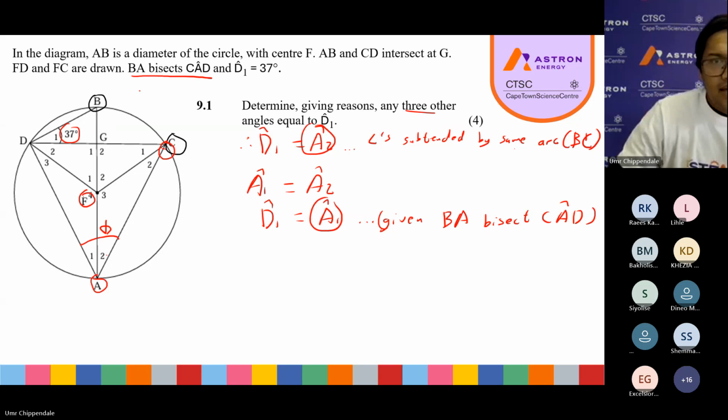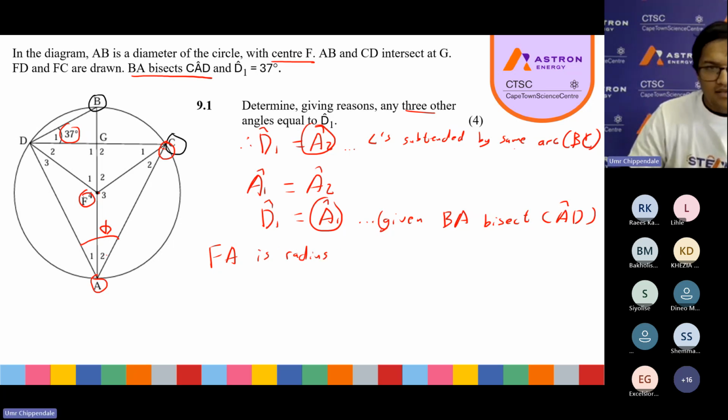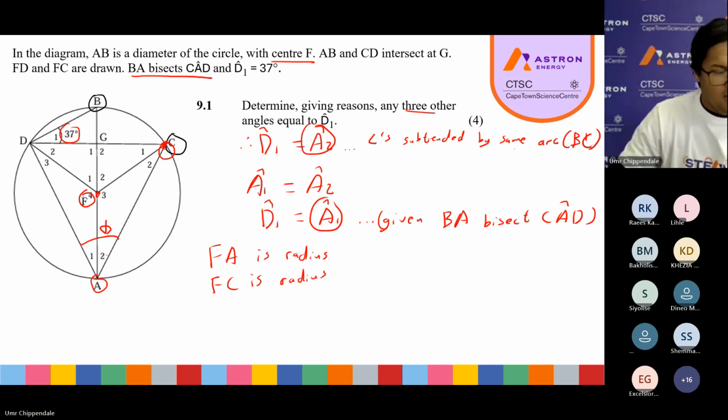But if F is the center of your circle, then when you go from F to A, line FA is the radius, right? Now, if you look at this, what else? This is the center, and it's reaching the point over here as well, which is C, which means line FC is also the radius. Right?